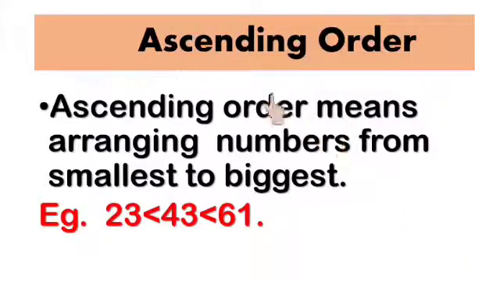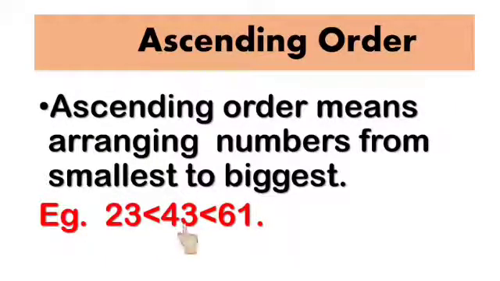Now we will see the definition of ascending order. Ascending order means arranging numbers from smallest to biggest. Here we have one example. 23 is the smallest number out of these three numbers. 23 is smaller, so we will put the smaller than sign.